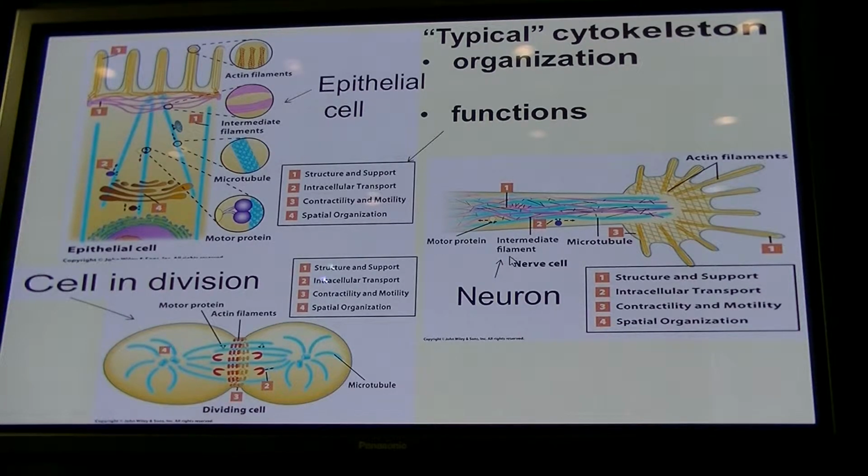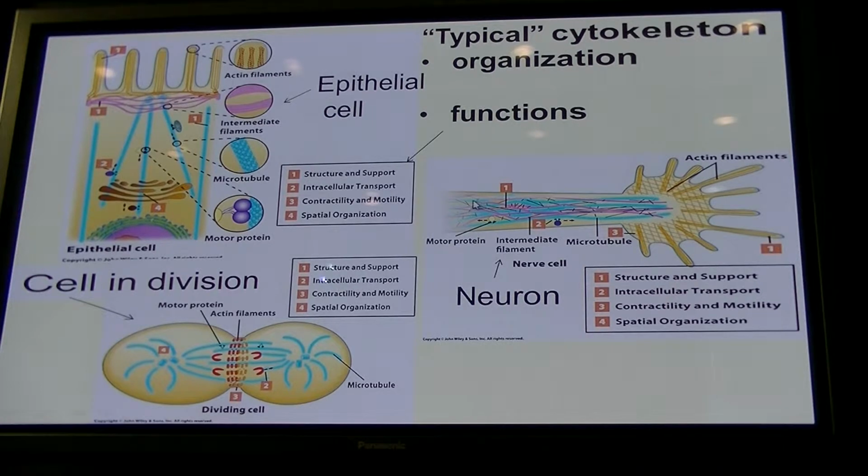If we look at a neuron with a long axon sticking out, we see that the microtubules come from the cell body. They grow out from the central point and reach out to the periphery. And we see that the actin cytoskeleton, the microfilaments, are again more at the periphery of the cell.